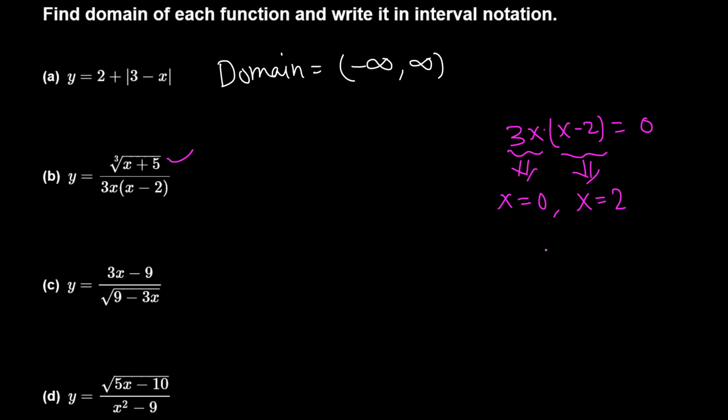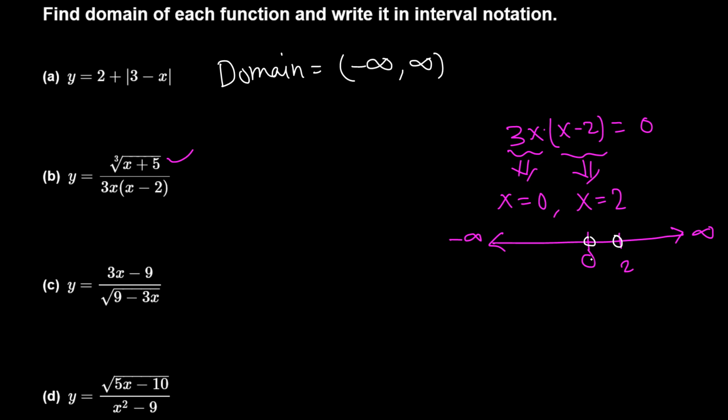So the domain looks like the following. Here is the number line, negative infinity through positive infinity. We need to exclude these two numbers, 0 and 2, so we have holes here at 0 and 2. So how do we write the domain?